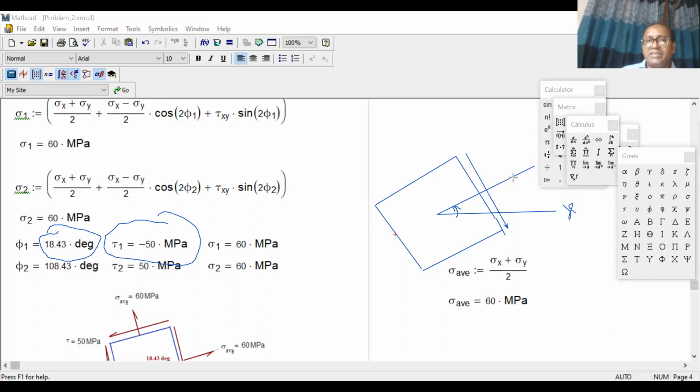If it were minus 60, then the arrow would point toward the object. Positive 60. So this is my tau. Right? No, this is sigma. So what will sigma be over here? Obviously the same. And the other one, sigma is also 60 and positive. So this will be 60, this will be 60.